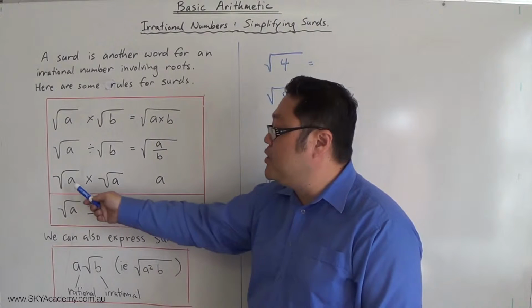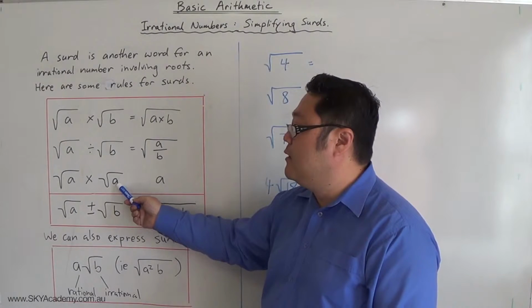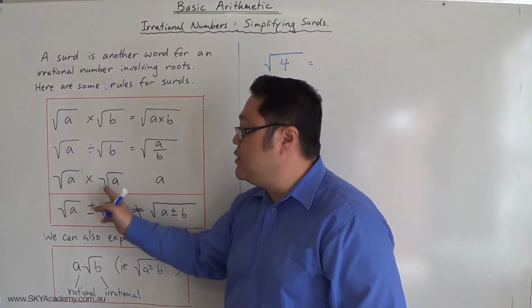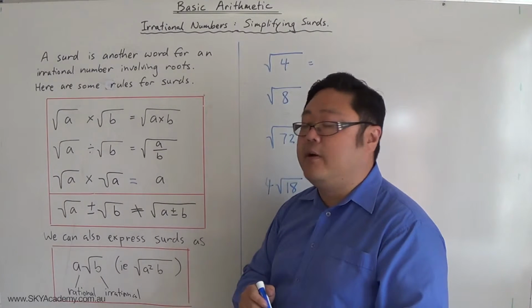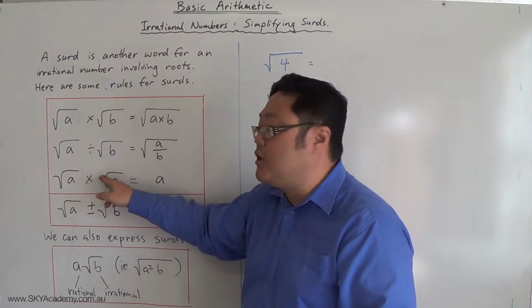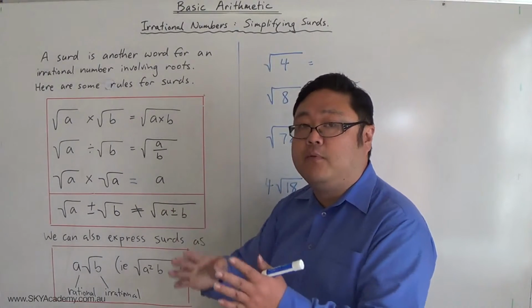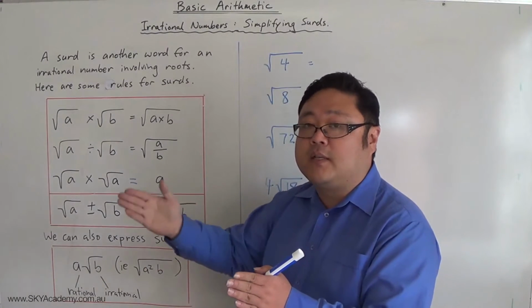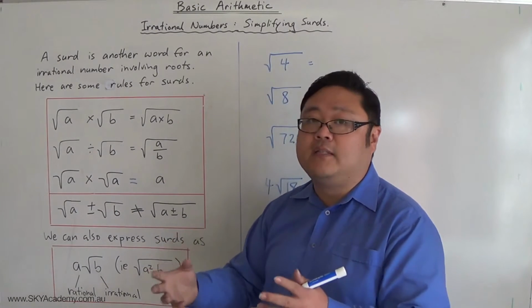The other thing I wanted to mention is that the square root of A times the square root of A, because we're squaring a square root, by multiplying the number by itself, we're cancelling out the square root sign, so the answer will just be A. Now if this was the cube root and this was the cube root, it wouldn't work unless you were multiplying by another cube root, because cubing means you multiply something by itself 3 times, and so the cube root will be required to do that.